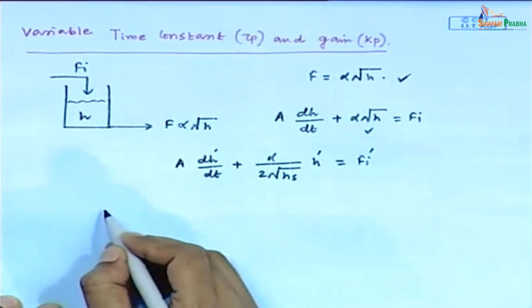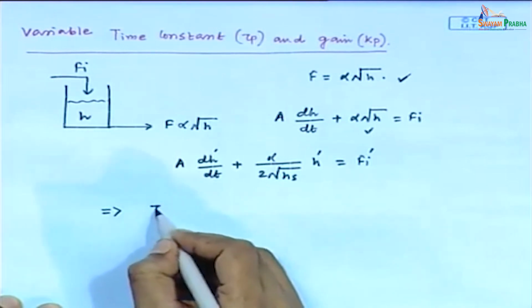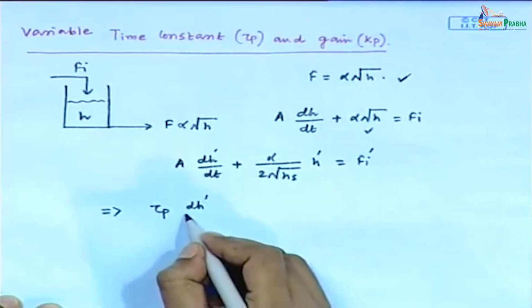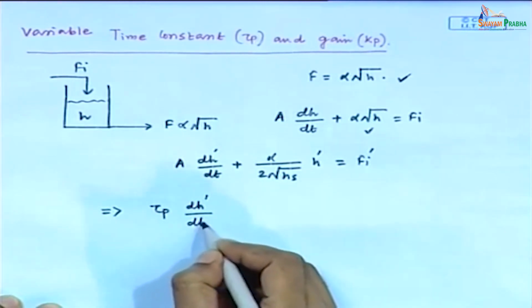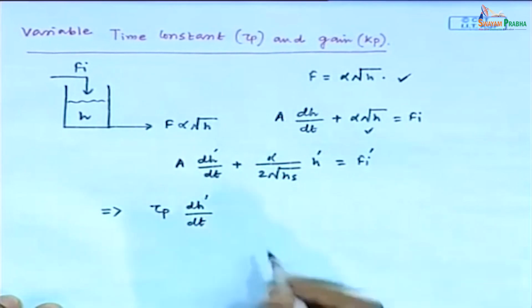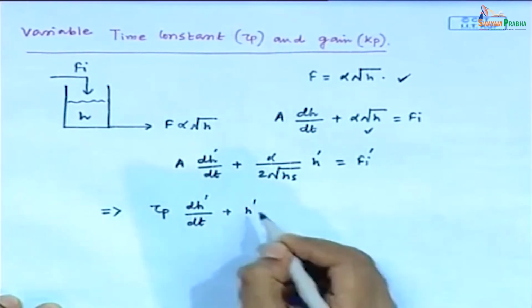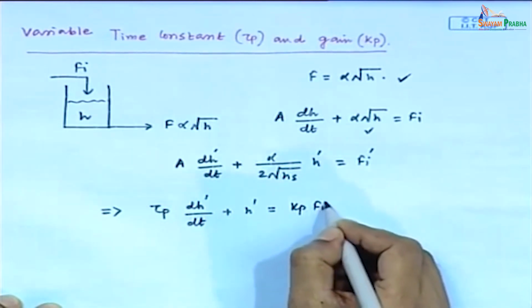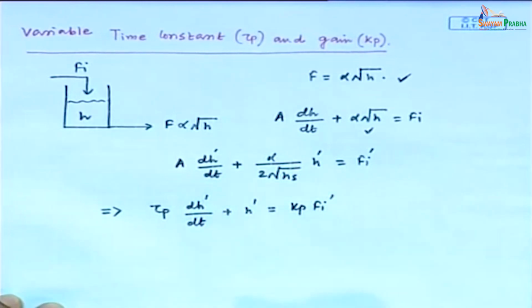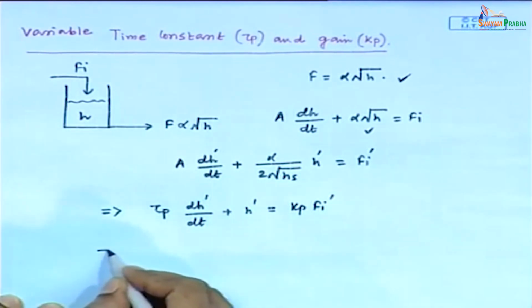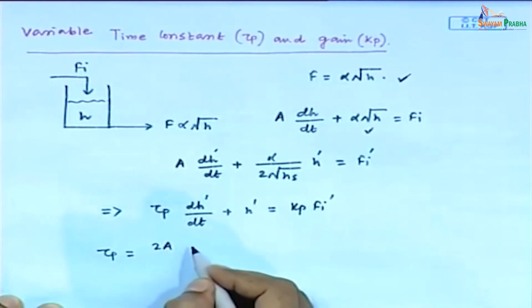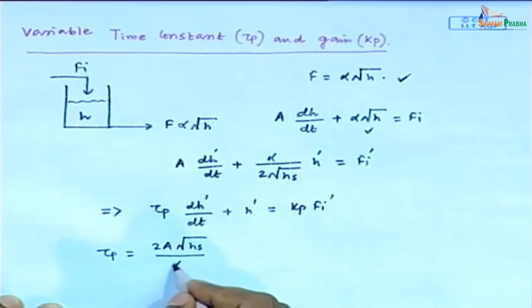Now, we can represent this equation introducing tau p and Kp by this form: tau p dH prime dt plus h prime equals Kp Fi prime. Fine. Now, here tau p equals 2A root hs divided by alpha.